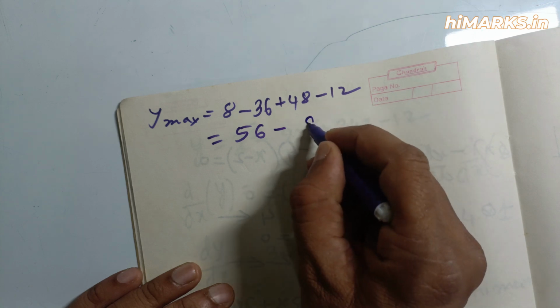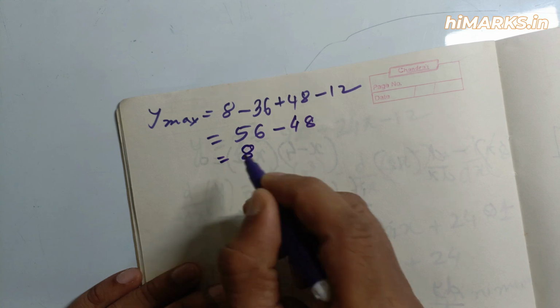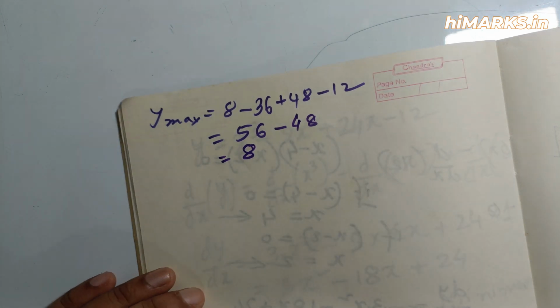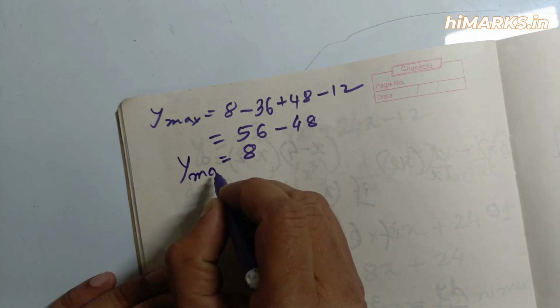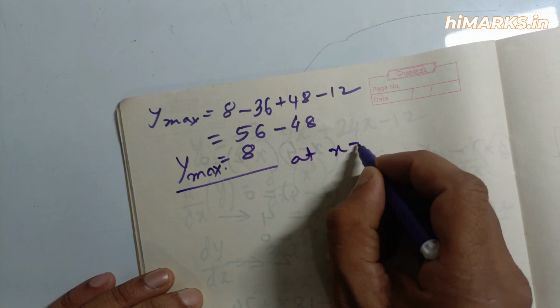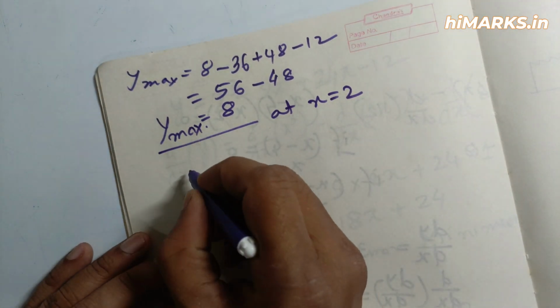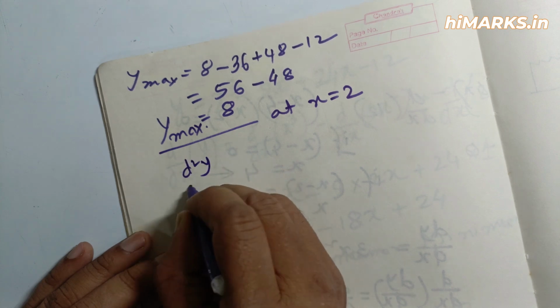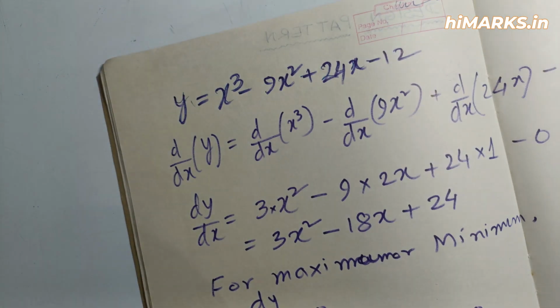Whatever value we get, that is the y max value. So that means 8 is the maximum value for the function. Here we are putting y, so that at x equal to 2 we will get the maximum value, and the value is 8.